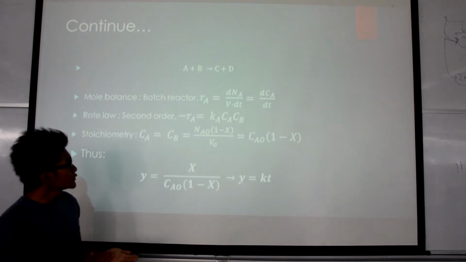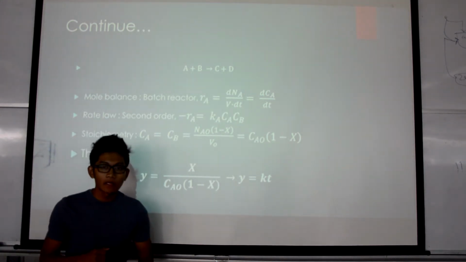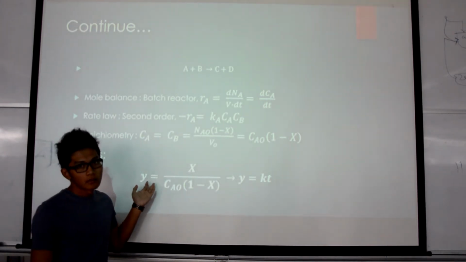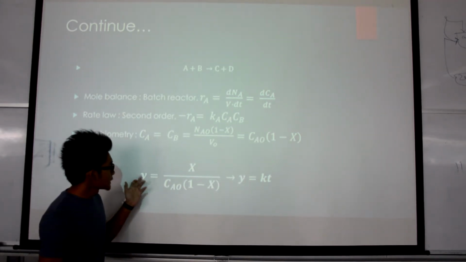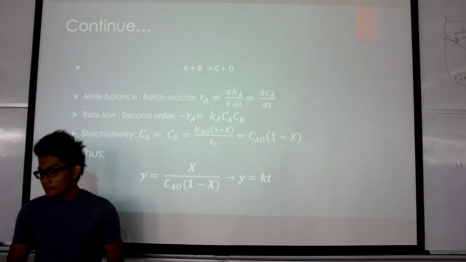Then we substitute the stoichiometry equation, CA equal to CA0(1 minus x), and finally we get the equation here, y equal to kt, where k equals x over CA0(1 minus x). So I think that's all from me.